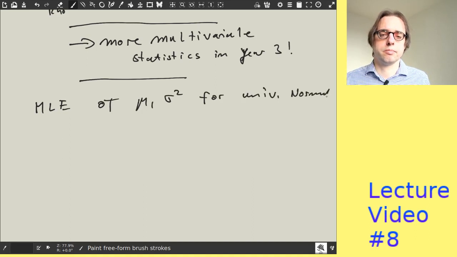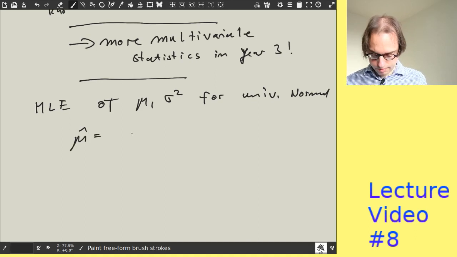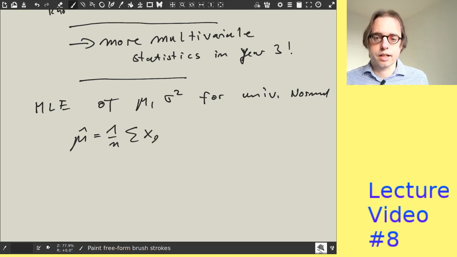We know this because we know that mu hat is 1 over n times the sum of x_k, where k goes from 1 to n, so that was the mean, so it's x bar.